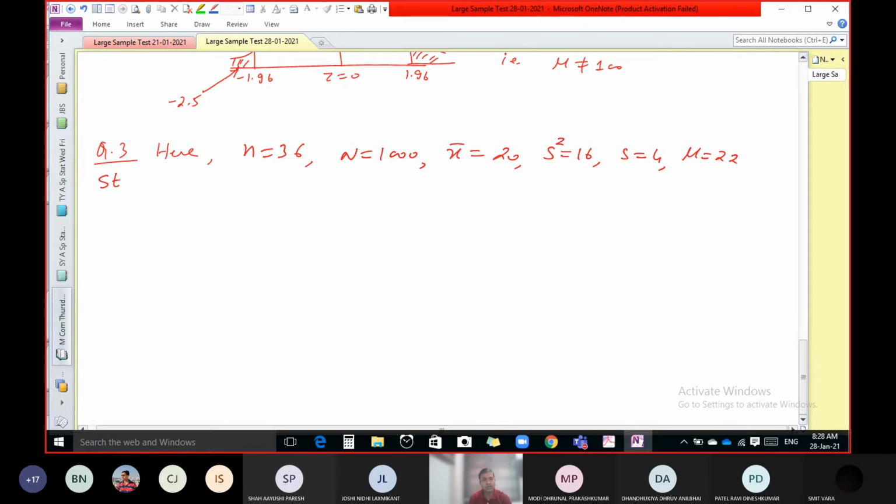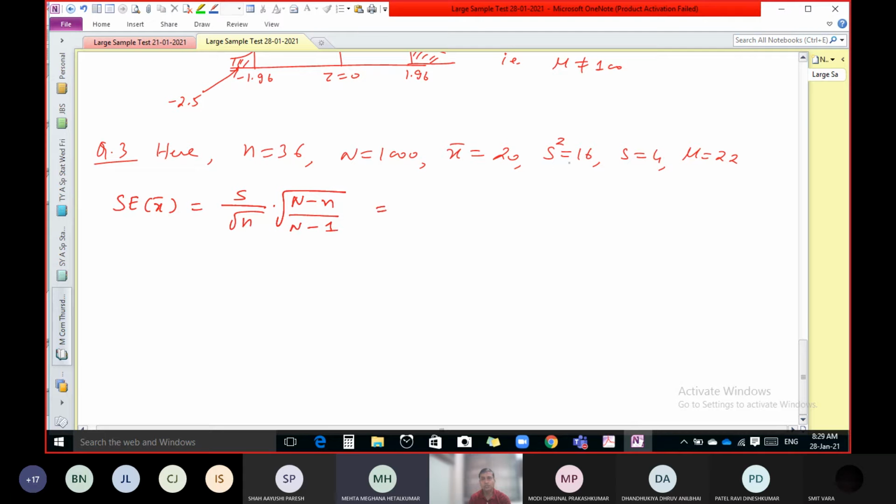Okay, so step 1. Before that, let us find out the standard error of x bar. Any of you know which formula we have to apply for this data? Standard error of x bar. Which formula we have to use here? S upon root n into square root of capital N minus small n upon capital N minus 1.